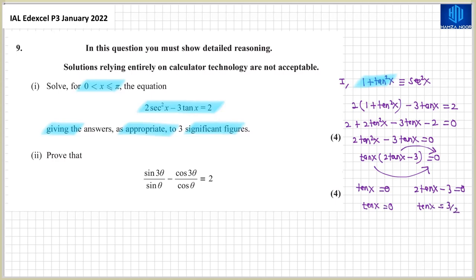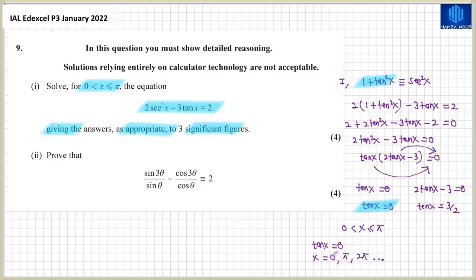Now we need to solve these equations. First, tan x equals 0. Since the interval is x greater than 0, less than or equal to π, and when tan x is 0, x is either 0, π, 2π and so on.